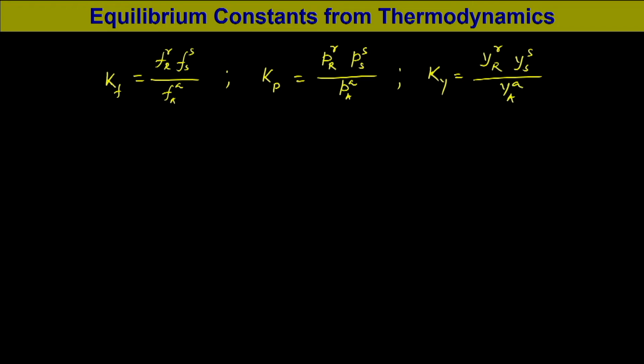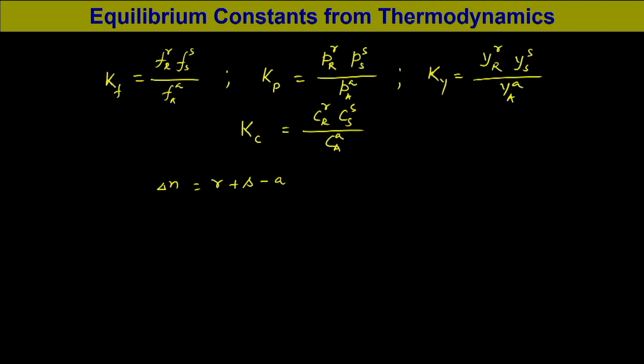We can write in terms of concentration as well, that is Kc, which is equal to C r to the power r, C s to the power s, divided by C a to the power a. And delta n we can write as r plus s minus a. So, this is the change of moles between the products and the reactants.